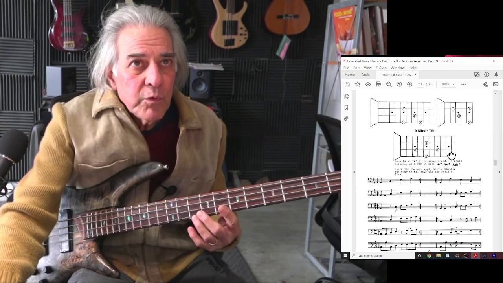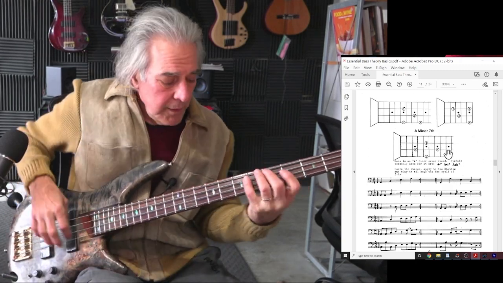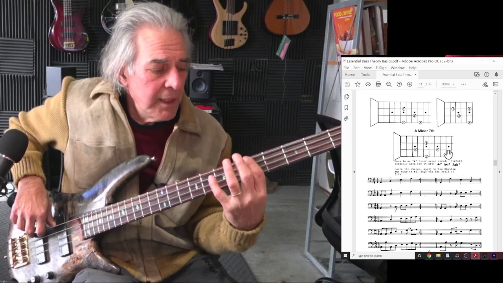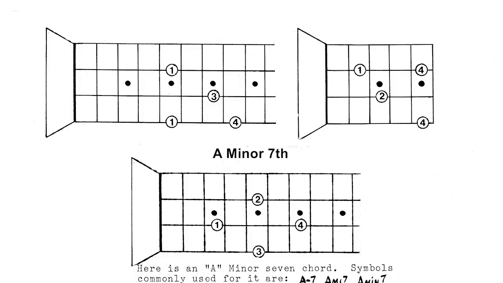Next we go into the A minor shape, and this one starts on the 5th fret naturally and goes like this. The 1, flat 3, 5, and the flat 7 nicely in position.